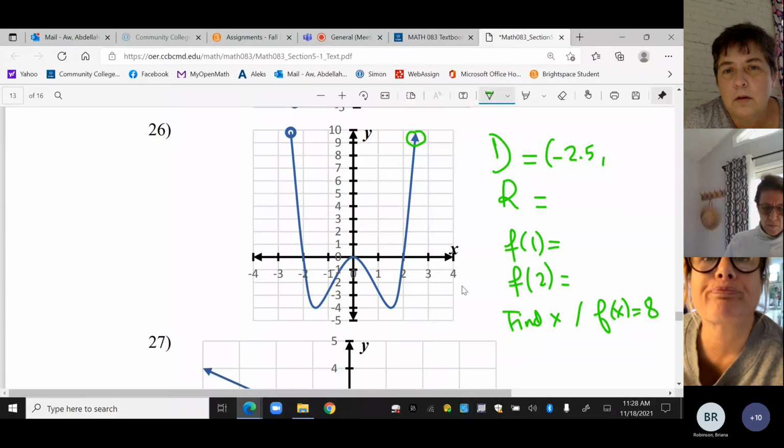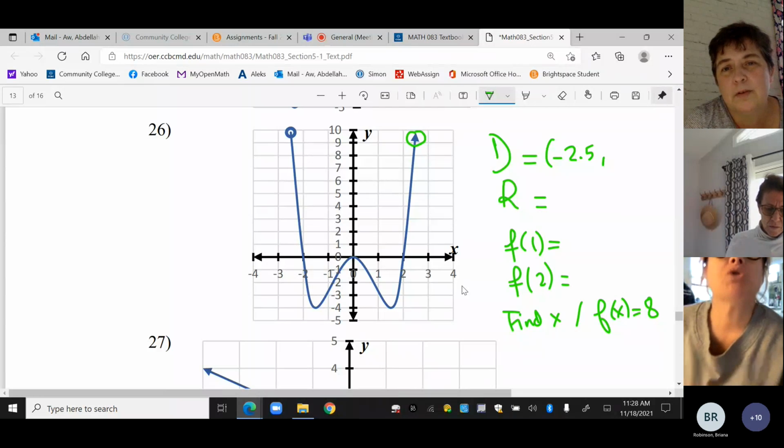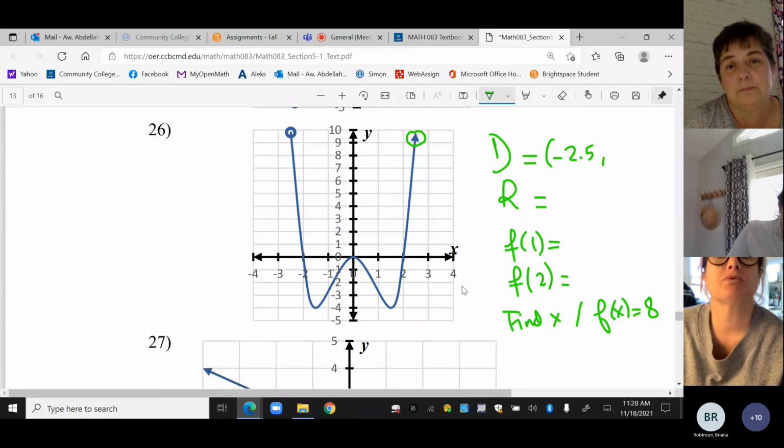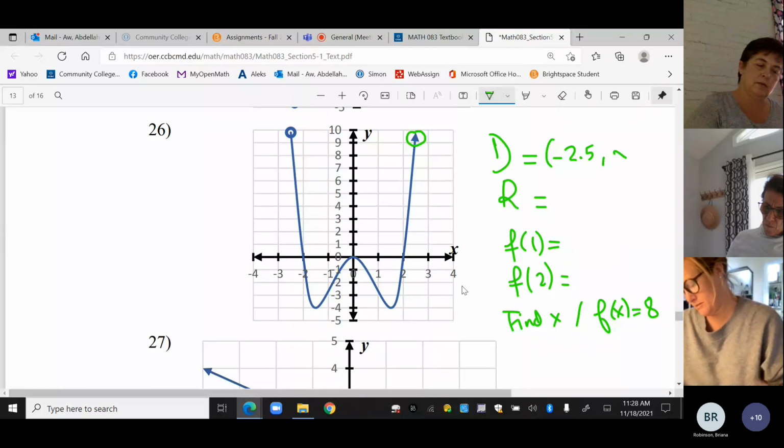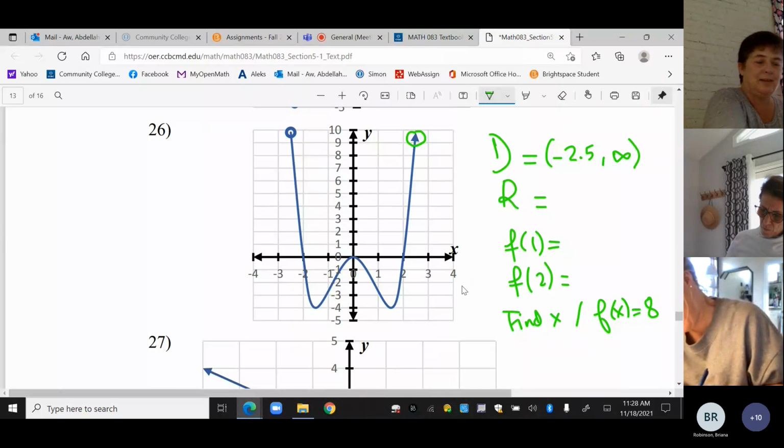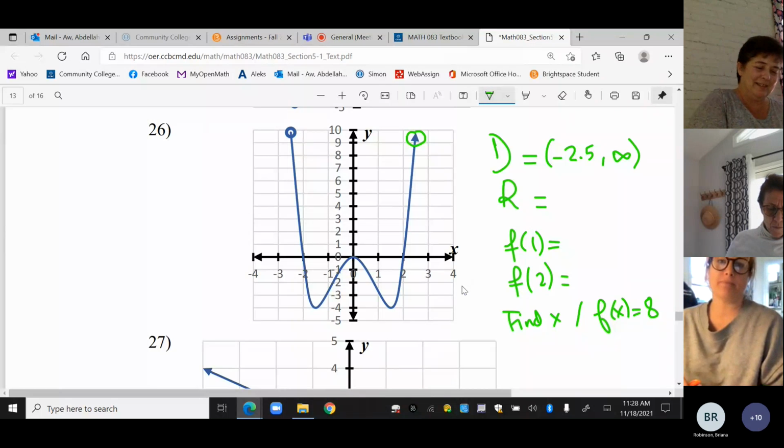An arrow. The arrow means the graph just keeps going up. Since the graph keeps going up, it's going to end up covering the whole x-axis. So we get the infinity sign. Exactly.